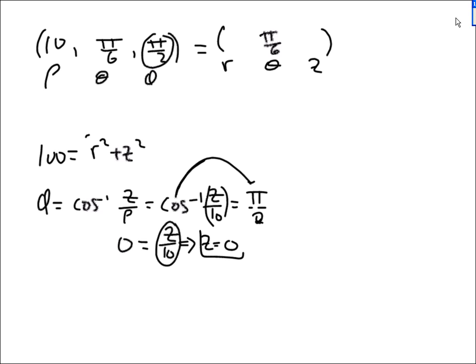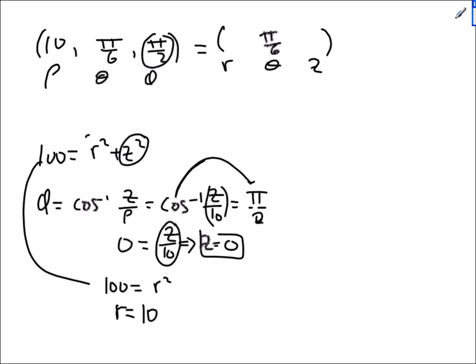Okay, so now I have 0. 100 is equal to r squared plus 0 squared, which is just r squared. R squared is 100. So r, the radius, is 10. R is 10. And z is 0. And there's your answer.